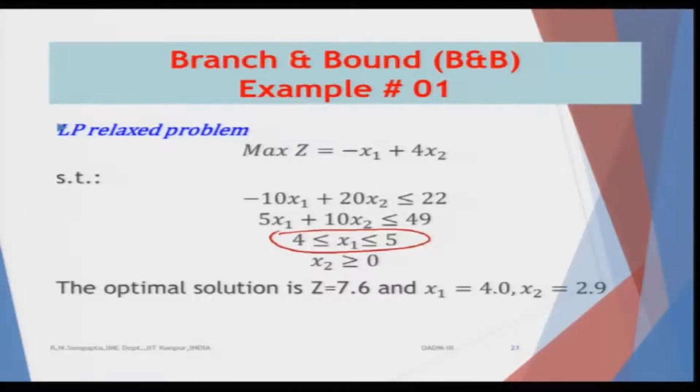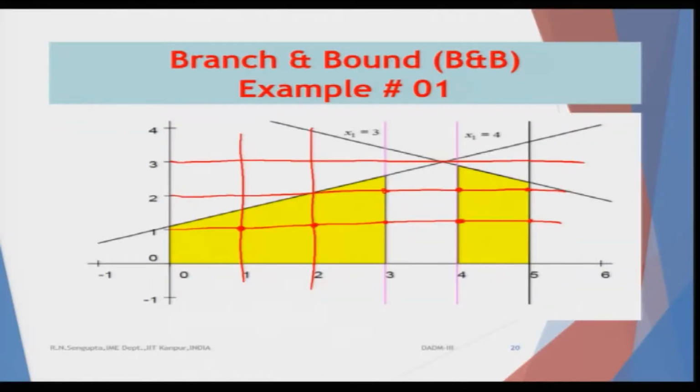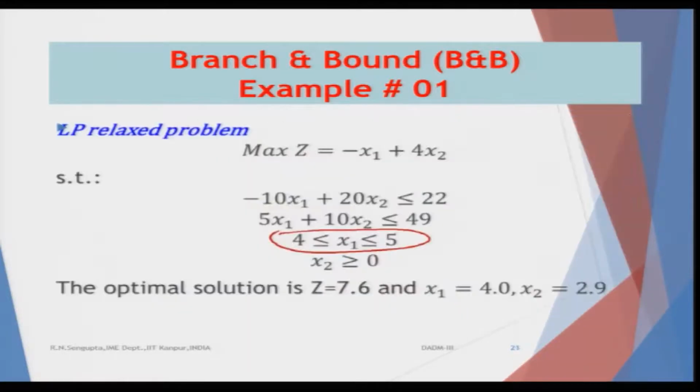The objective function is max of minus x1 plus 4 x2, such that the constraints are minus 10 x1 plus 20 x2 is less than or equal to 22, which is fine, because these are the constraints which you want to take. Then x2 is greater than or equal to 0, that means it will be 0, 1, 2, 3, 4 till infinity, all integers. x1 would be only 4 and 5.